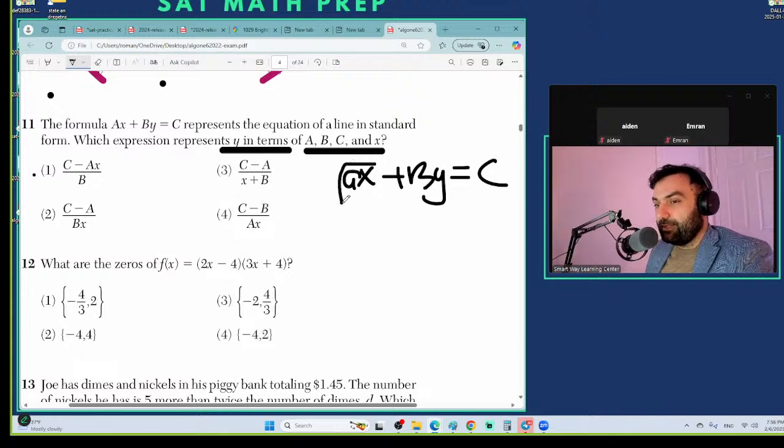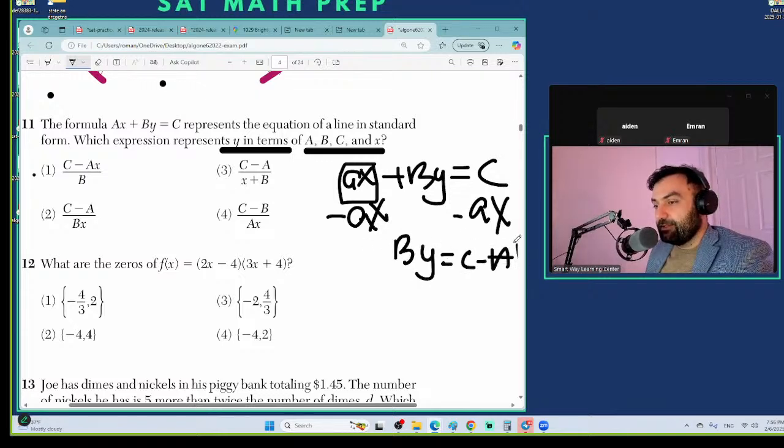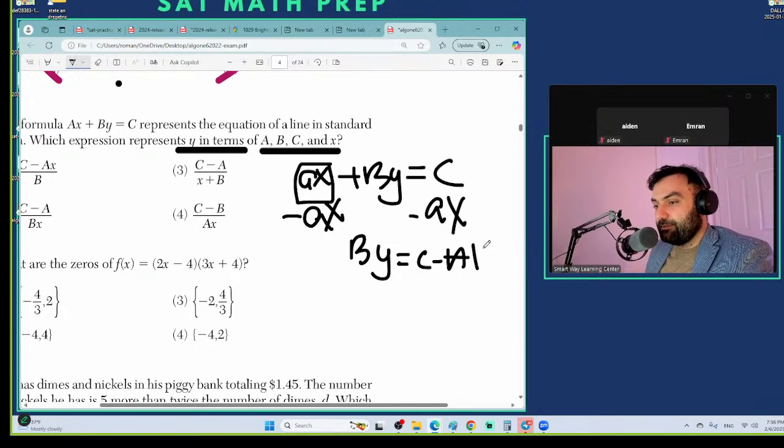First, we get rid of the ax by subtracting it on both sides. We get by equals c minus ax. And now we're going to divide everything separately by b, so that y will be left on its own.